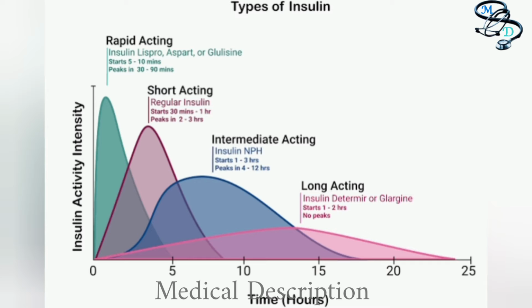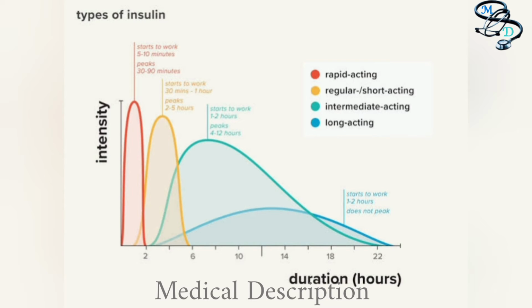This graph will also give us information about insulin, their actions and how they work. Learning about the different types of insulin and their actions will be very beneficial for you.